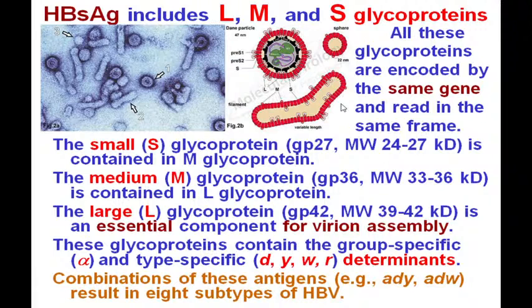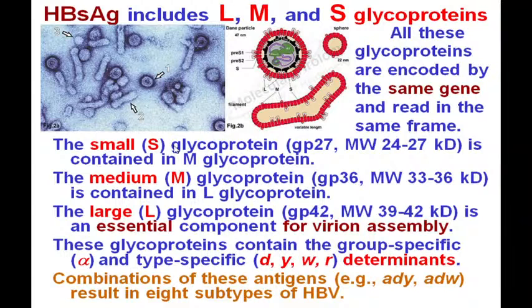The structure of the surface glycoprotein is quite sophisticated. It is made up of small, medium, and large glycoproteins, like you measure the size of clothes, right? S, M, and L glycoproteins. They are essential for the virion assembly.